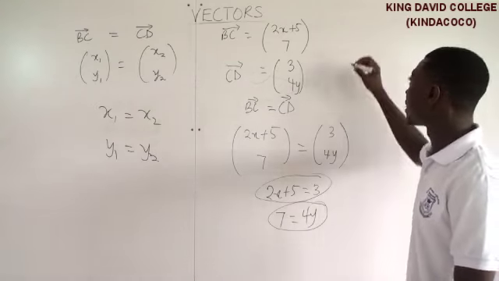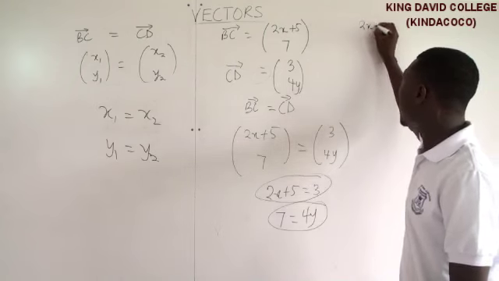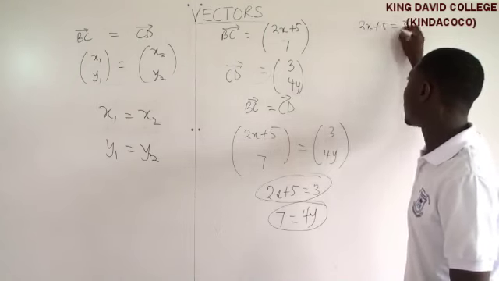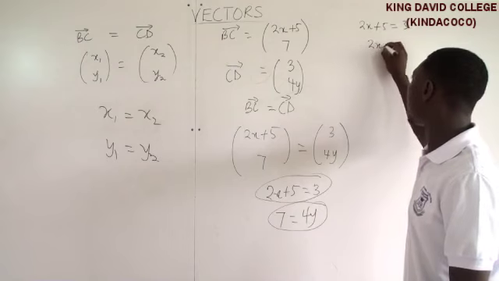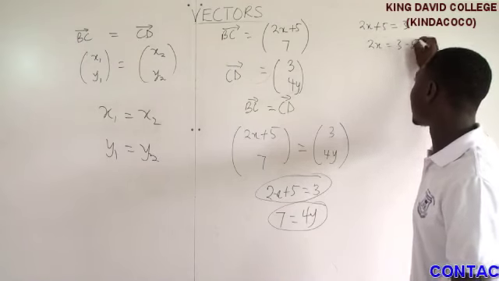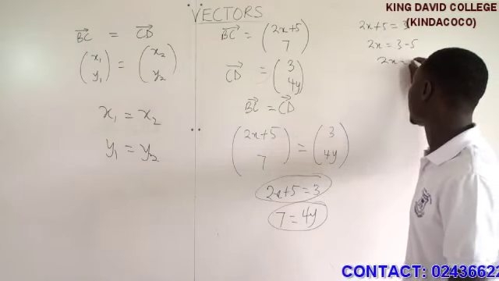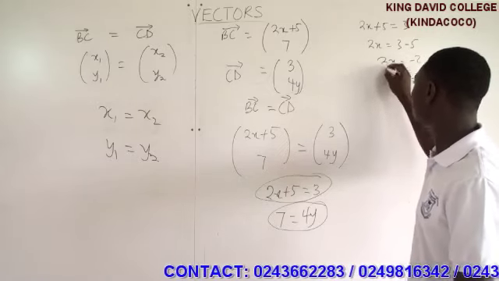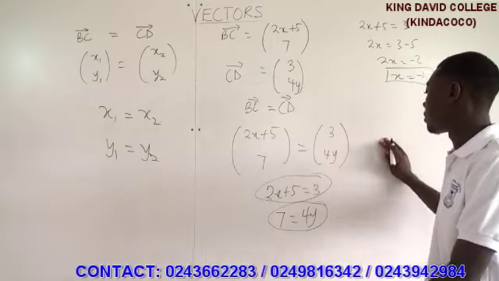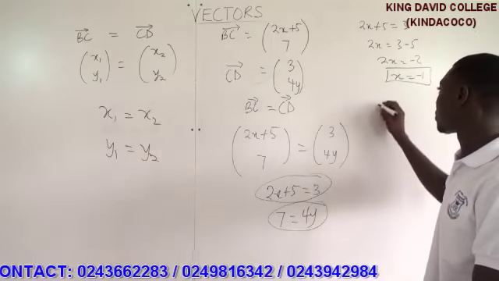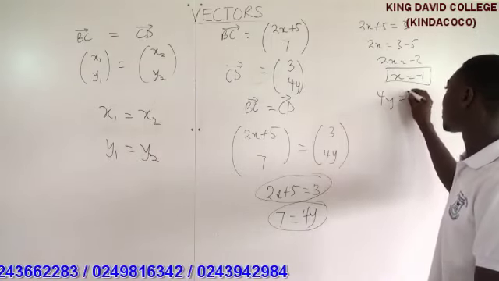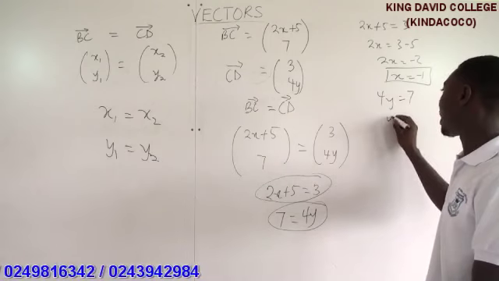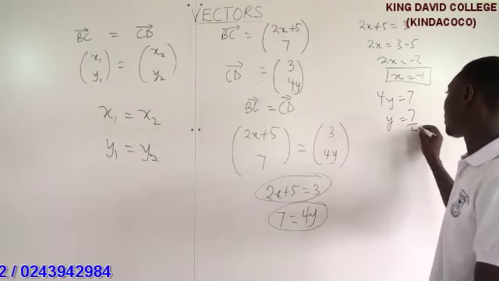So hence, 2x plus 5 is equal to 3. Therefore, 2x will be 3 minus 5. 2x is going to be negative 2, hence x is minus 1. So you finish finding your x. Then when you come to this side, 4y is equal to 7, so y is equal to 7 over 4.